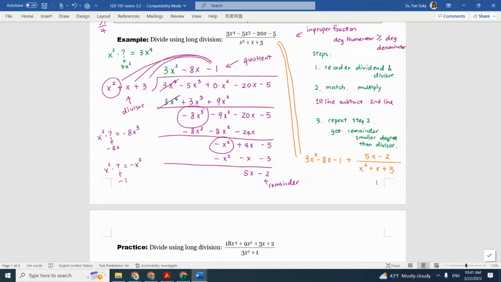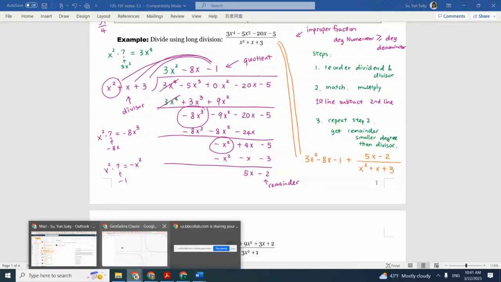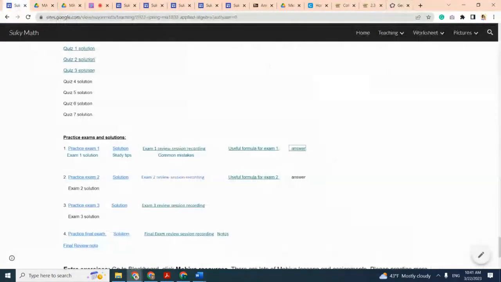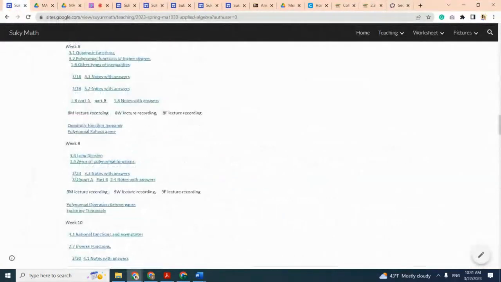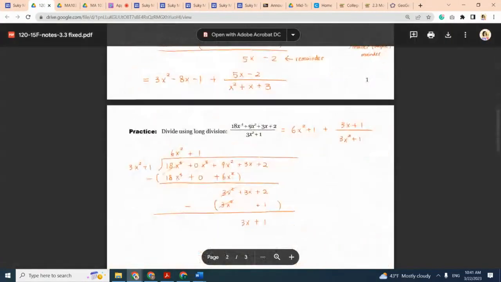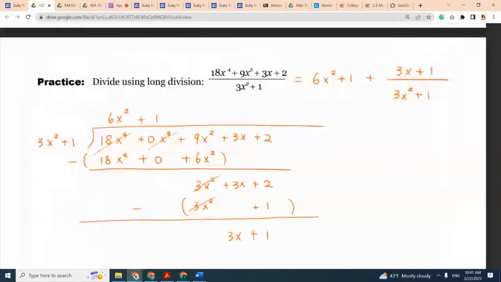Okay, let's check our work together. Here we have the dividend divided by 3x squared plus 1.